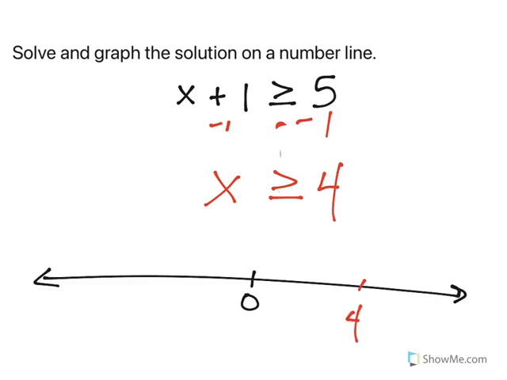Now x could be equal to 4, and we can also do it the block way. So remember that first one where I showed you parentheses? Well, if it's an equal sign, it would be like a bracket. So just for fun, if you have less than or equal to or greater than or equal to, it's either going to be a closed circle or a bracket, depending on which way you're going.